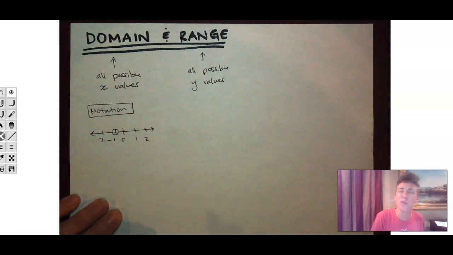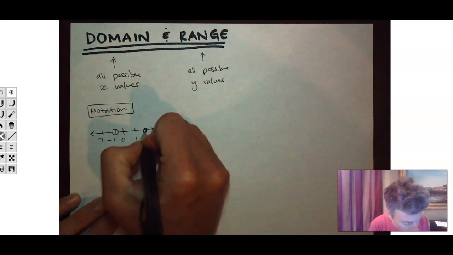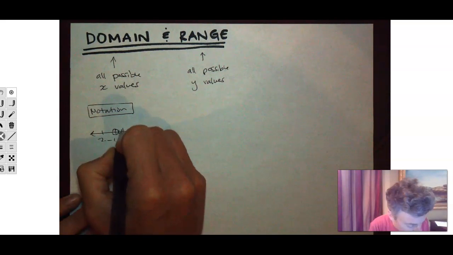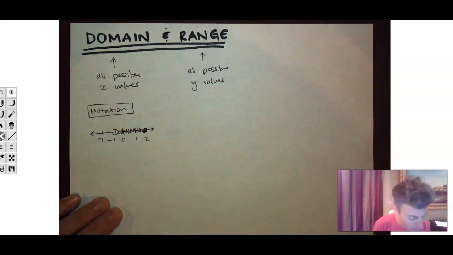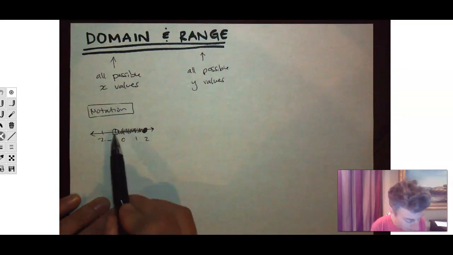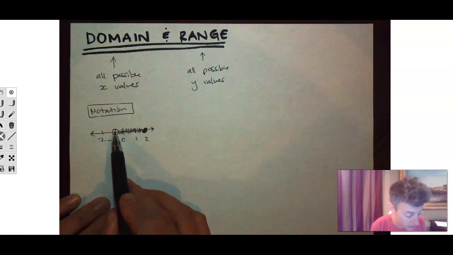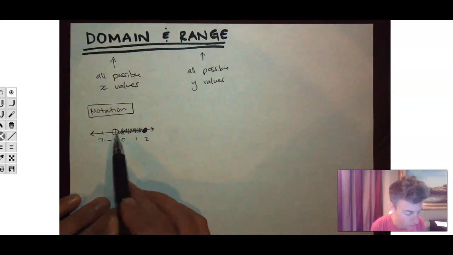Wow, super throwback, open circles. Open circle on a -1, and we're going to put a closed circle on 2, and then shade in between here. So the notation we're going to use to describe, this would probably be the x's, so the domain of this relationship here between -1 and 2.